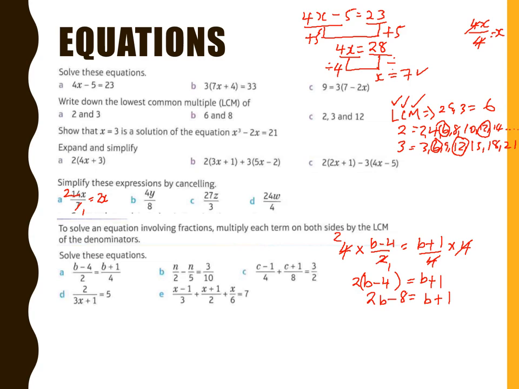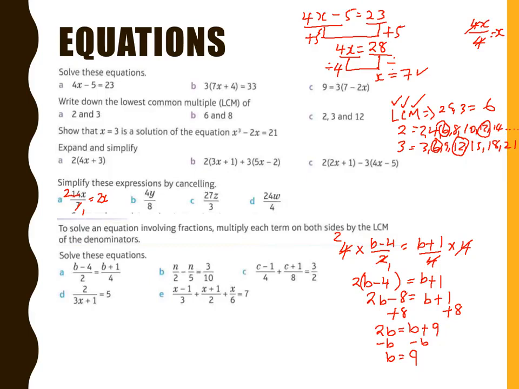We're going back to this: whatever you do on one side, you have to do on the other side. So I want all the b's on one side, and the numbers on the other side. If I do plus 8 on here, I end up with 2b equals b plus 9. And then minus b here, I end up with b equals 9.